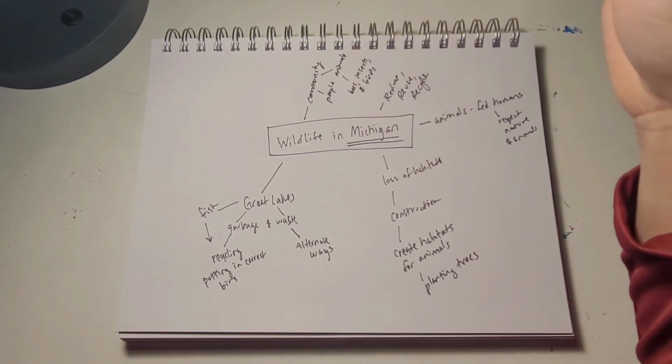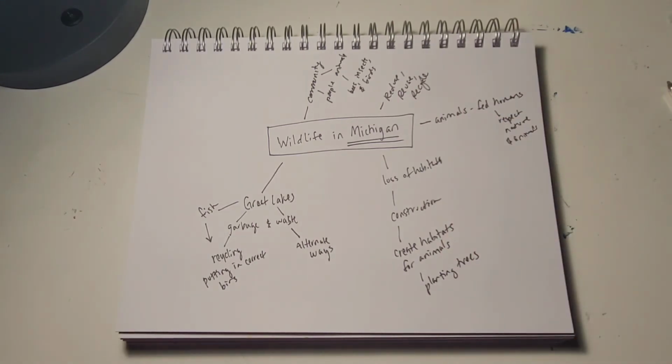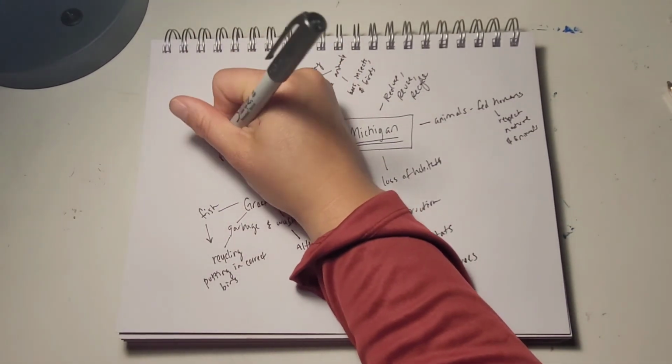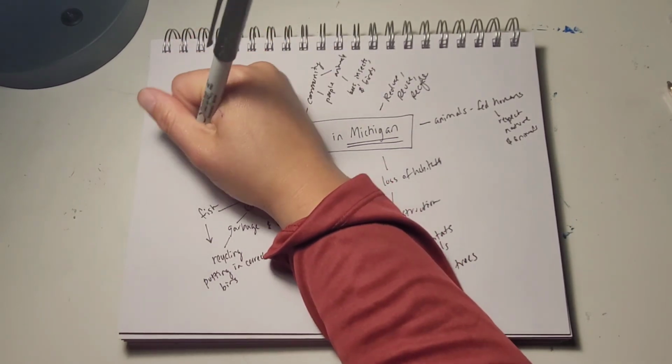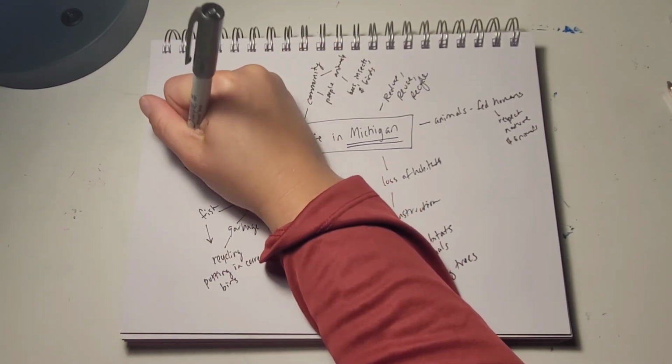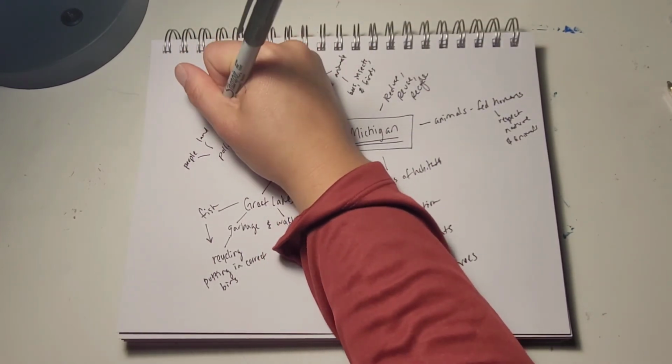For bees, they're able to pollinate, which is really important for us, not just for honey, but for the bee population. Other things that you can do, you can focus on pollution and how it affects people, but not people, the land, and animals.